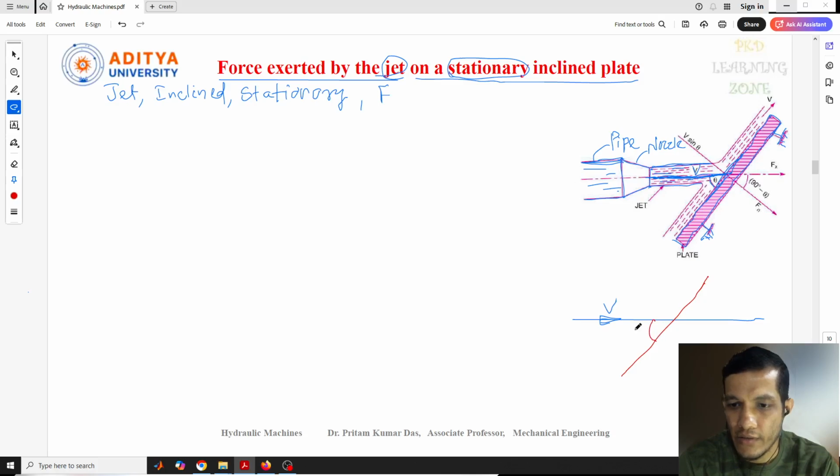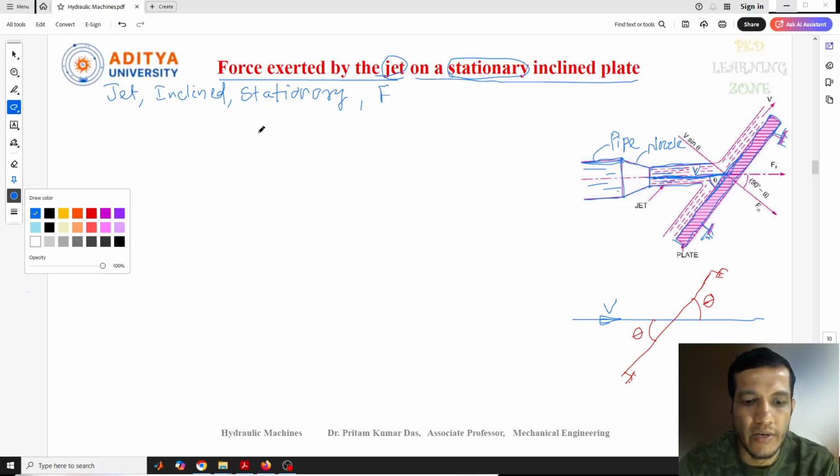So this angle is theta, and obviously the opposite angle will also be theta. This is the plate, which is fixed, and this is the velocity.